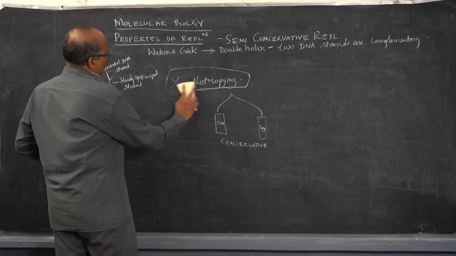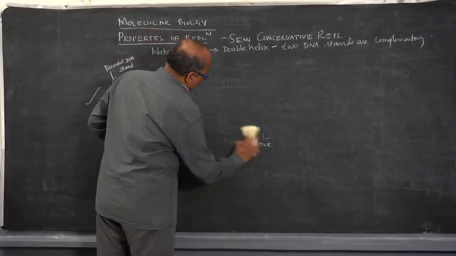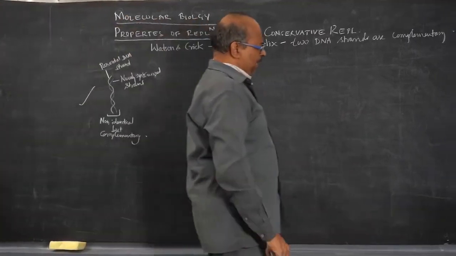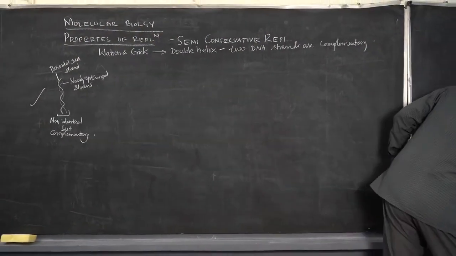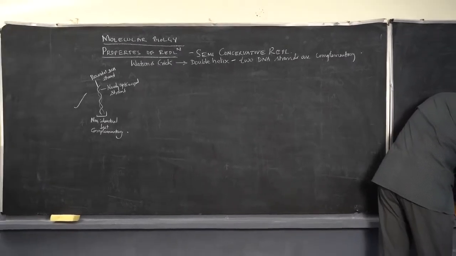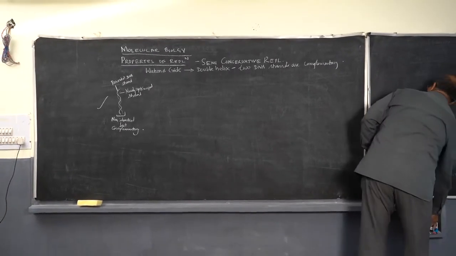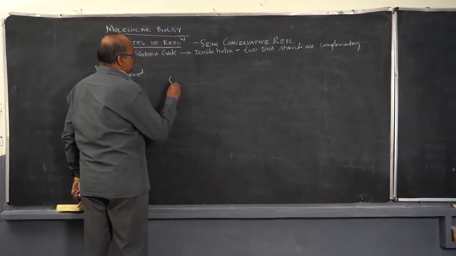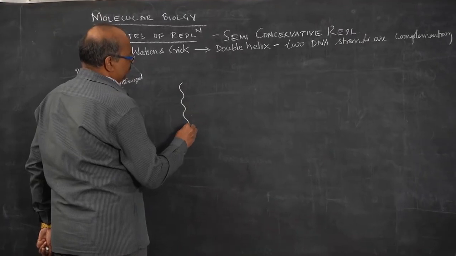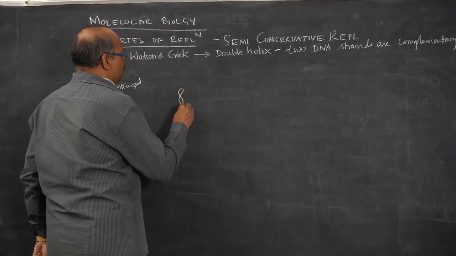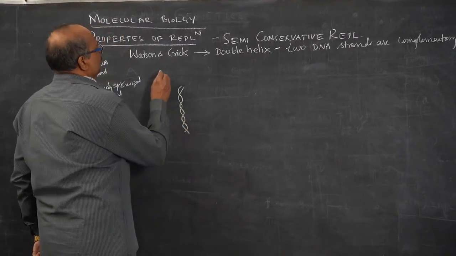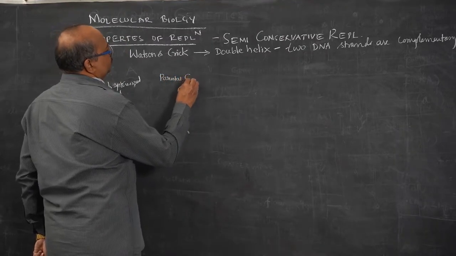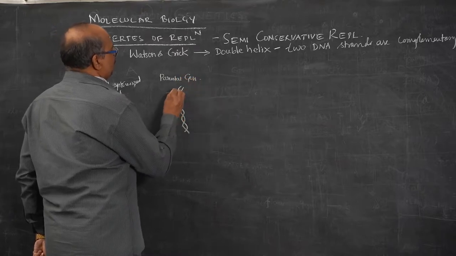So what happens if you have a semi-conservative mechanism, and why is it so important? In the case of a semi-conservative mechanism, if these are the parental strands in one generation, or you can call it the parental generation, these are the parental strands.